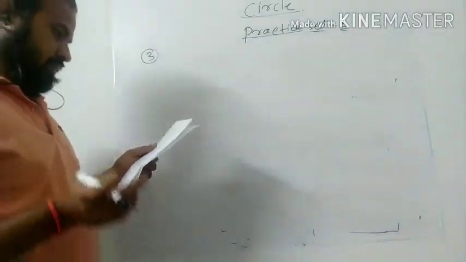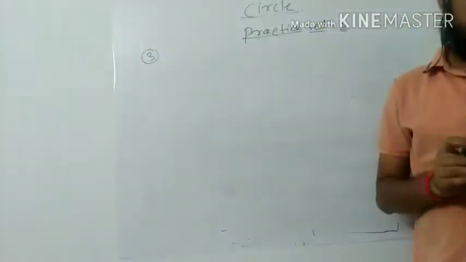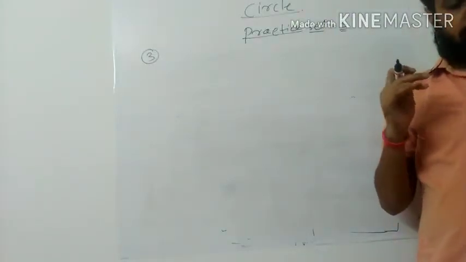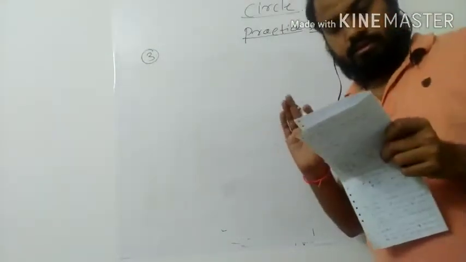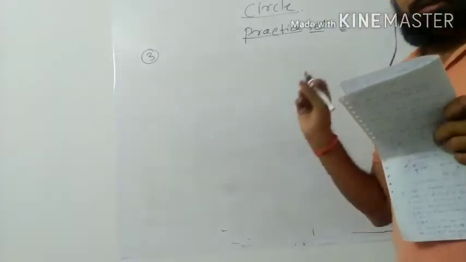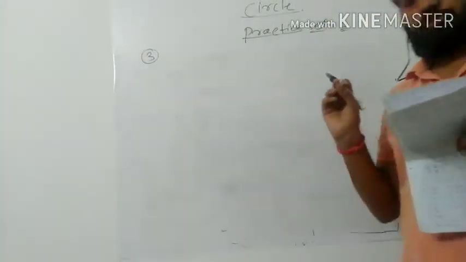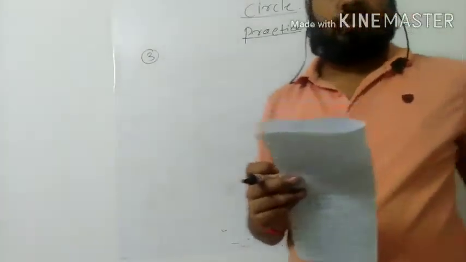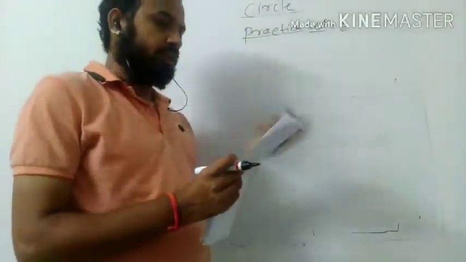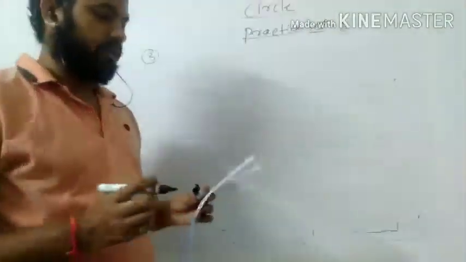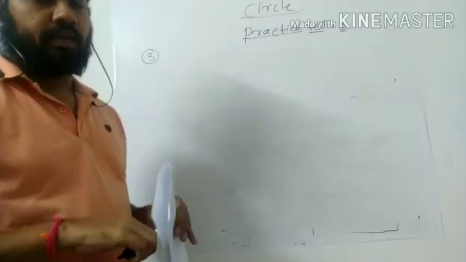In the figure, M is the center of the circle and segment KL is the tangent segment. If MK is 12 unit and KL is 6 root 3 unit, we have to find two parameters here. First, the radius of the circle, then the measurement of angle K as well as angle M.